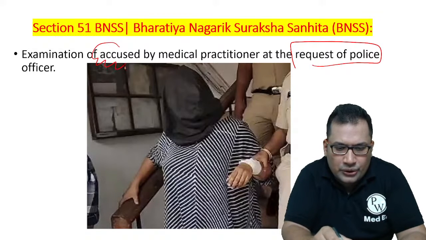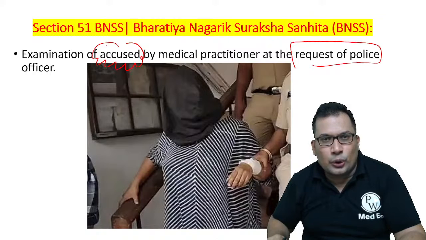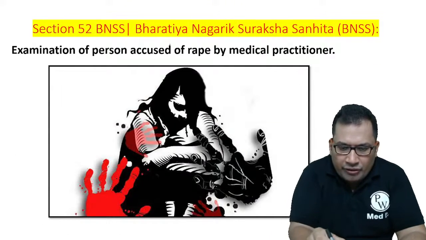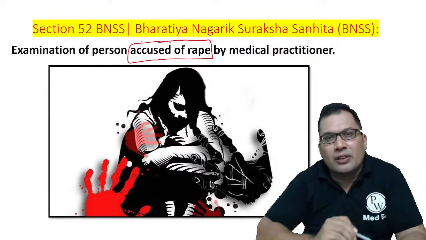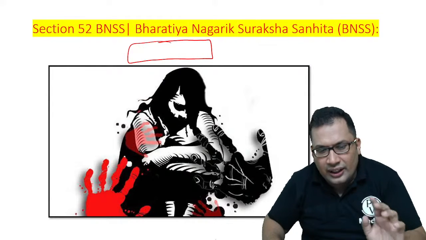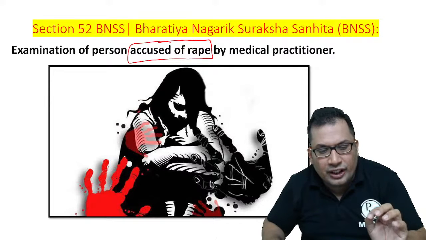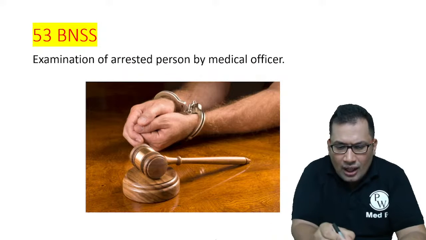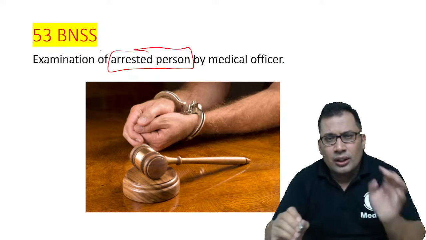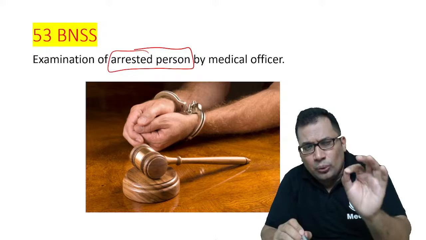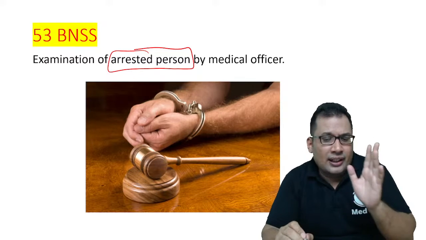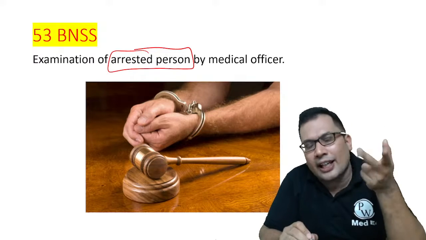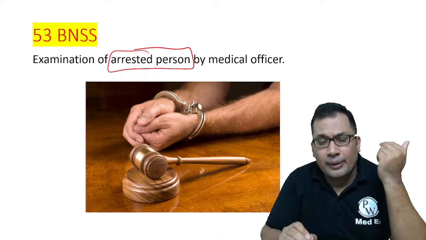Remember, it is the accused. 51 is accused of any offense. 52, accused of rape. This can be asked in your upcoming exam. 53, arrested person. 51, 52 and 53 BNSS relate to medical examination. One is the accused person, the second is the accused of rape, and the last is the arrested person.